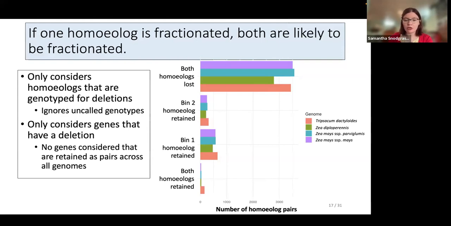And I don't want to make a whole lot of strong conclusions from this, but it would support that perhaps there has been less fractionation in Tripsacum than in the Zeas. And this would align with the fact that there are a lot more chromosomal rearrangements, fission and fusion events that might have led to much more gene loss in Zea than there has been in Tripsacum. So something we want to keep our eye on and definitely interrogate more in future analyses.